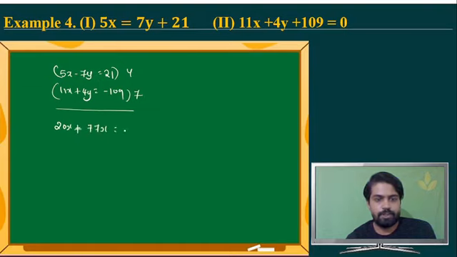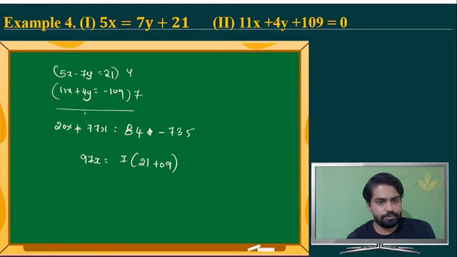So what I get is 20x plus, we are adding now, 77x is equal to 21 into 4 is 84 plus, it's minus now, 735. So what I can do here is write it as 97x equal to, 7 is common, I'm going to take it outside. So 21 minus 109, it will be easy for us. 97, again I cannot simplify that, let's keep it as 97x only.